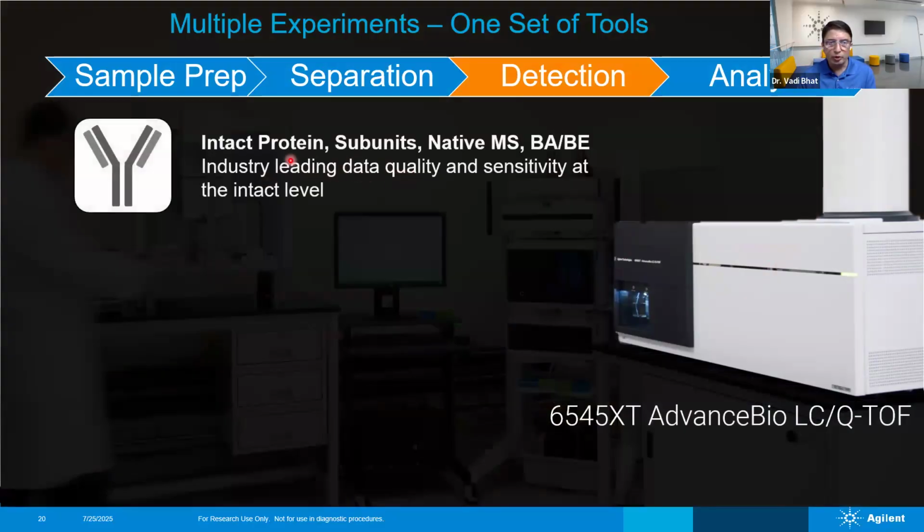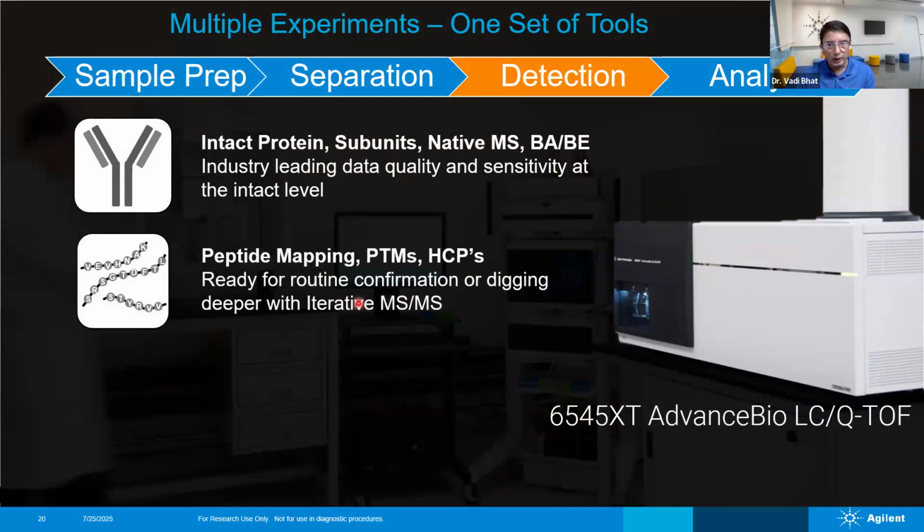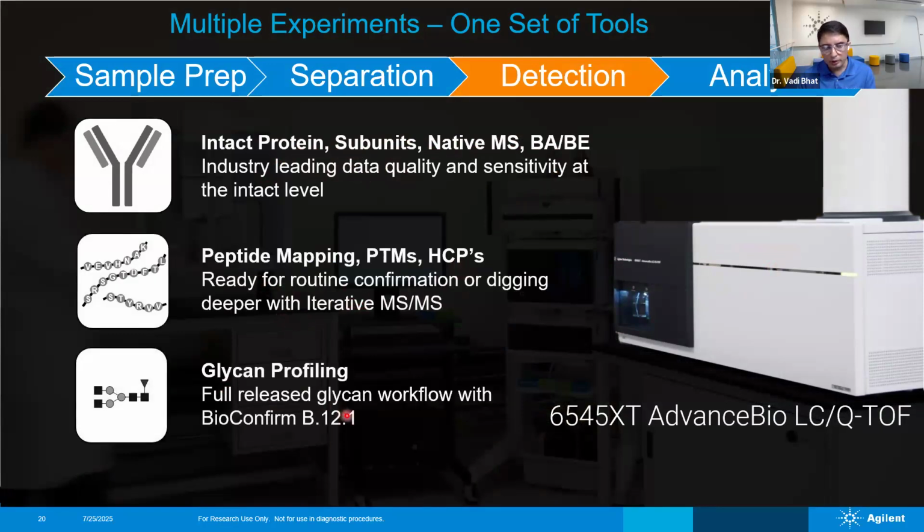Mass spectrometry can be used for many things: intact, subunits, native, peptide mapping, PTMs, host cell proteins, and of course glycan analysis, and glycoforms in the intact and subunits.